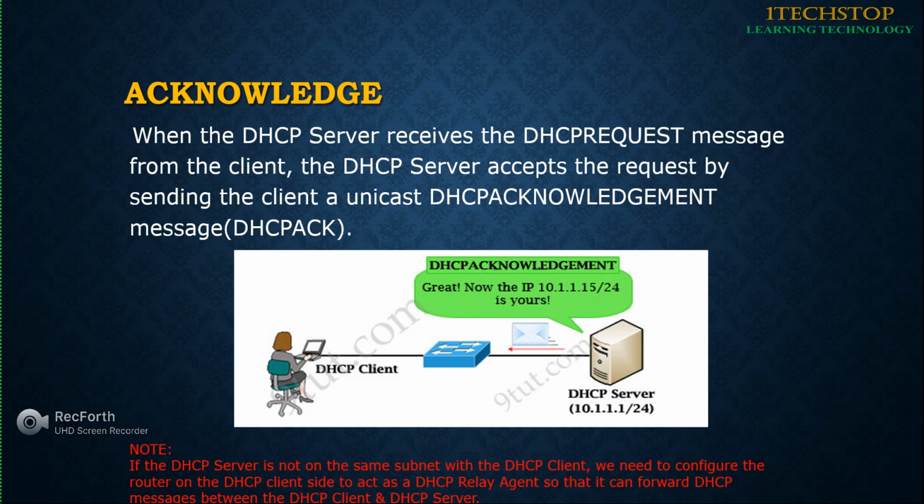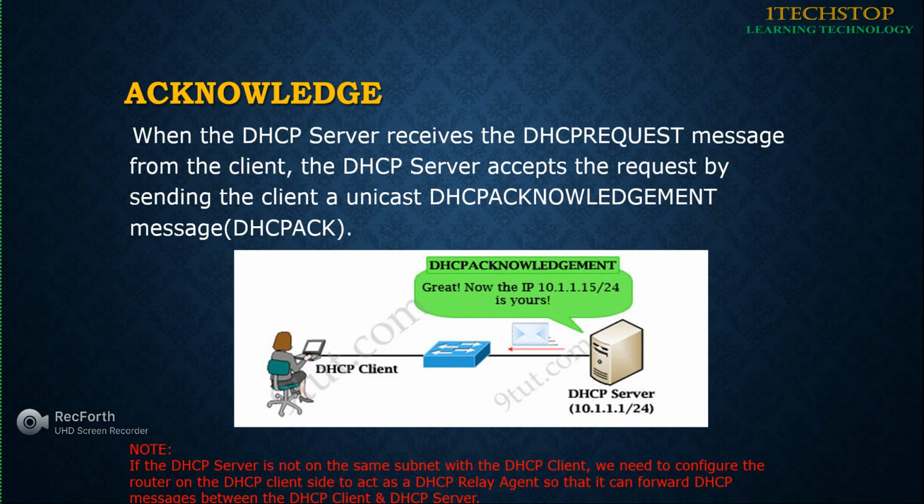Guys, if you see the note in red below, if the client machine and the DHCP server are both in the same subnet, they can communicate directly. If the DHCP server is in one subnet and the client machine is in another subnet, the client machine will not be able to communicate with the DHCP server.